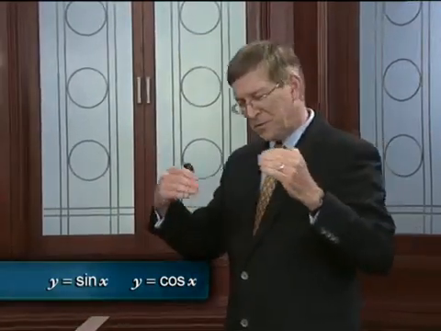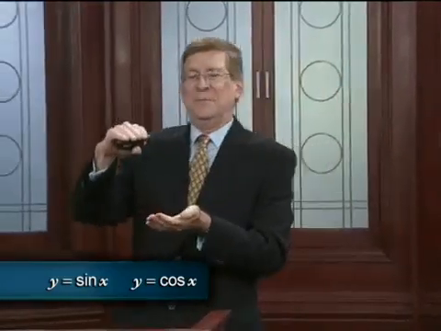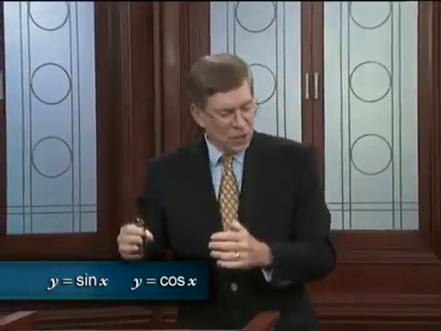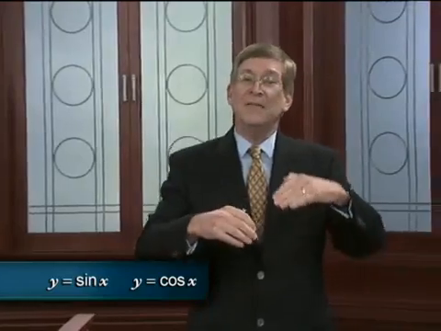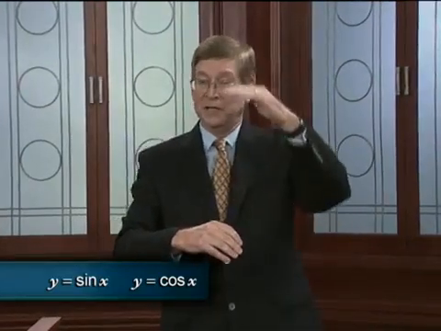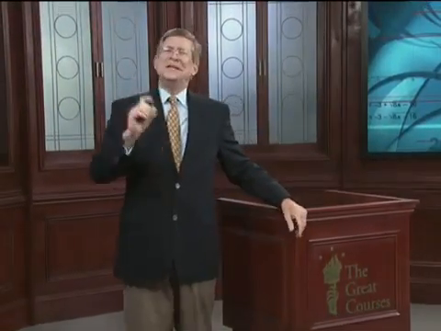Then we spent a lot of time changing the amplitude, changing the period, shifting them horizontally, and then shifting them vertically. All of those involved more complicated expressions, but the bottom line is they all pretty much look like sine functions or cosine functions, just moved around a little bit. So let's now go to the tangent function. This is a neat graph. You'll like this graph. Let's see how to find out what it looks like.